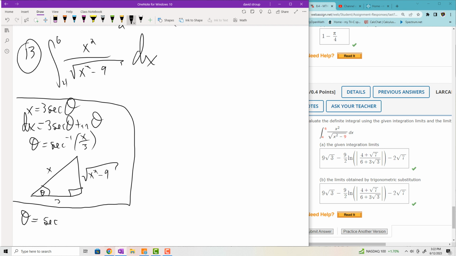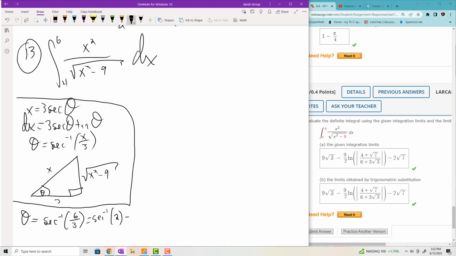So the top limit would be, in that case, 6 all over 3. So anyways, it would be secant inverse of 2, which doesn't seem like anything I'm familiar with. Did I screw that up? Yeah, 6 over 3, 2, secant inverse of 2.